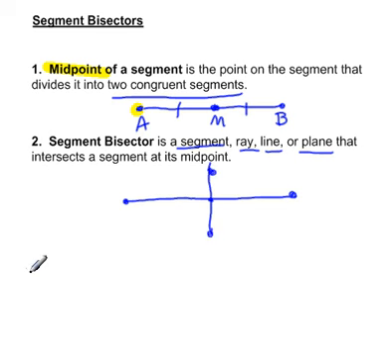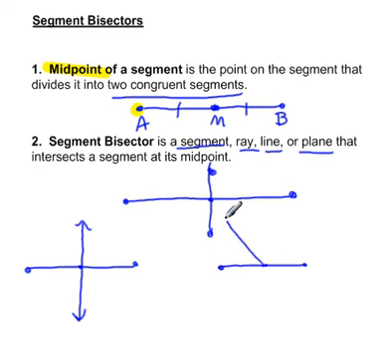It could be a segment that is cut in two by a line, or it could be a segment that is cut in two by a ray. Or a plane, and I'm not going to draw that one, but I just wanted you to know that whatever it is, whether it's a line, a segment, or a ray, it cuts it into two congruent parts.